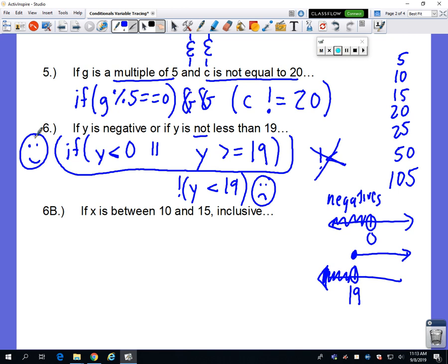Let's do 6b. If x is between 10 and 15 inclusive. So let's look at that number line again. 10 to 15 has to be inclusive, so that means we do include both.